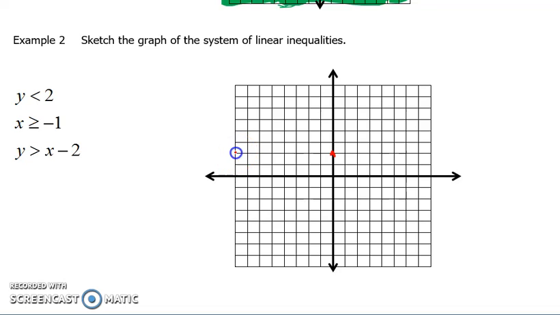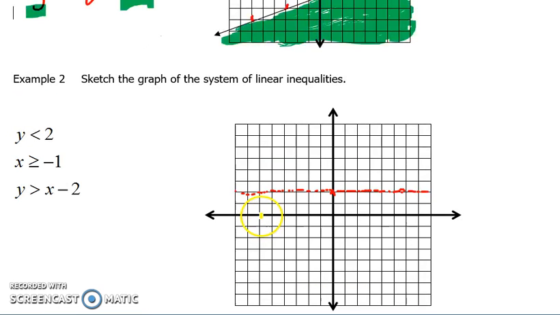And then we're going to do a dotted line around the 2 because there's no equal sign. And then we're going to shade down, because this one is less than 2.